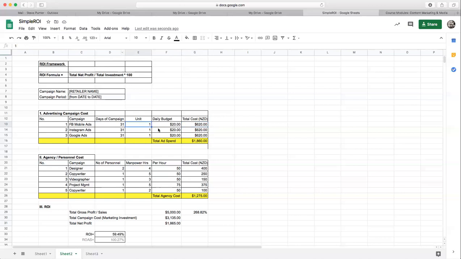Now, if I needed to have more than one ad, I would put a recalculation in that then multiplies this result by 2. So up here, this would become equals the sum of D13, F13, and then multiplied by E13.